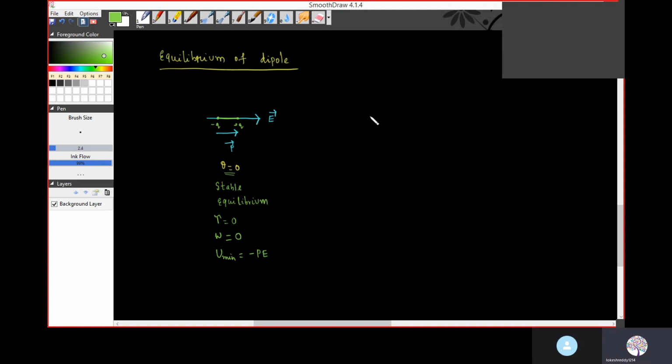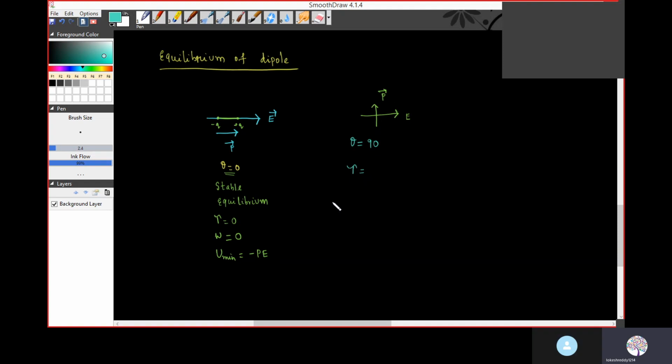Now electric field, you take electric field in this direction, and P in this direction. What is the angle between them, electric dipole moment and E? 90 degrees. Theta is equal to 90 degrees. So now this is not a stable equilibrium. Then I will calculate torque.